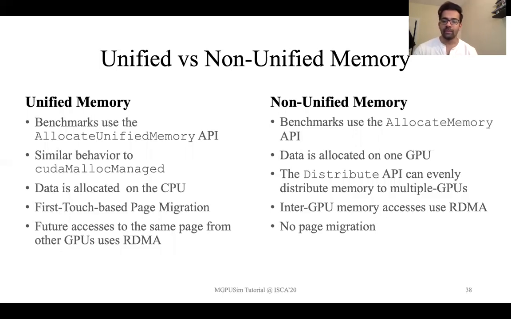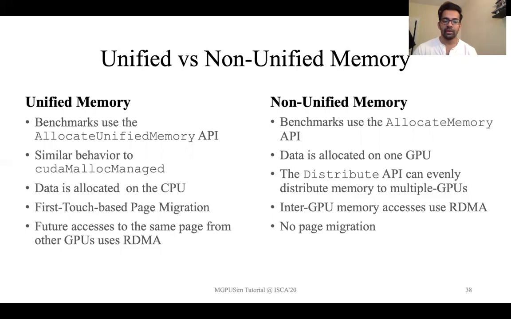With non-unified memory, all the benchmarks use the allocate memory API, so the data is actually allocated on a GPU. And the distribute API, which is again provided by the driver, is used to distribute this memory to multiple GPUs. So all the mem copies actually happen before the program is executed.